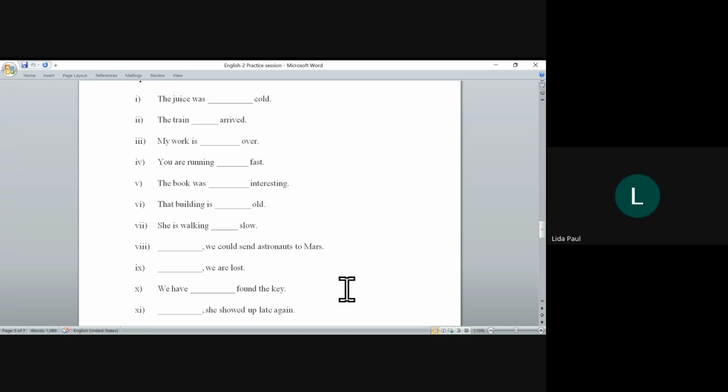Finally, you can say we have finally found the key. We have, or other words can be fortunately, luckily, right? Then next one is dash, she showed up late again.